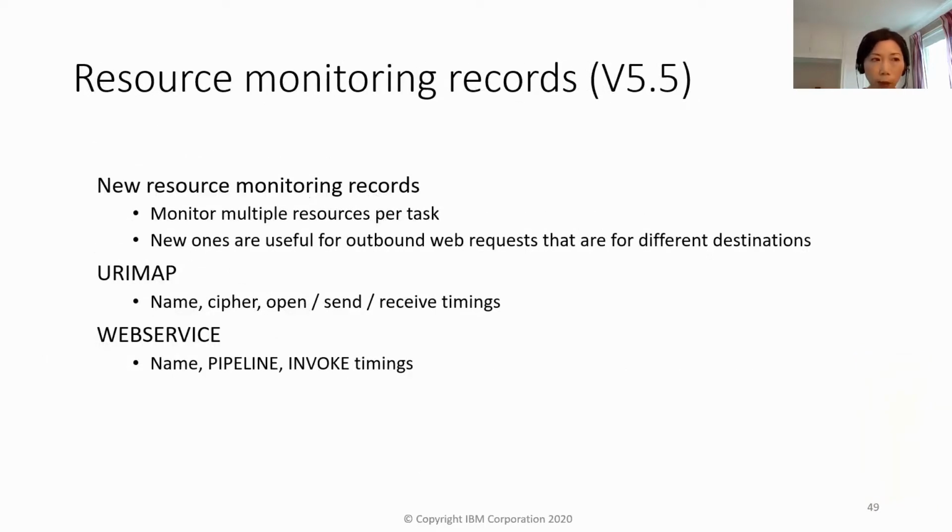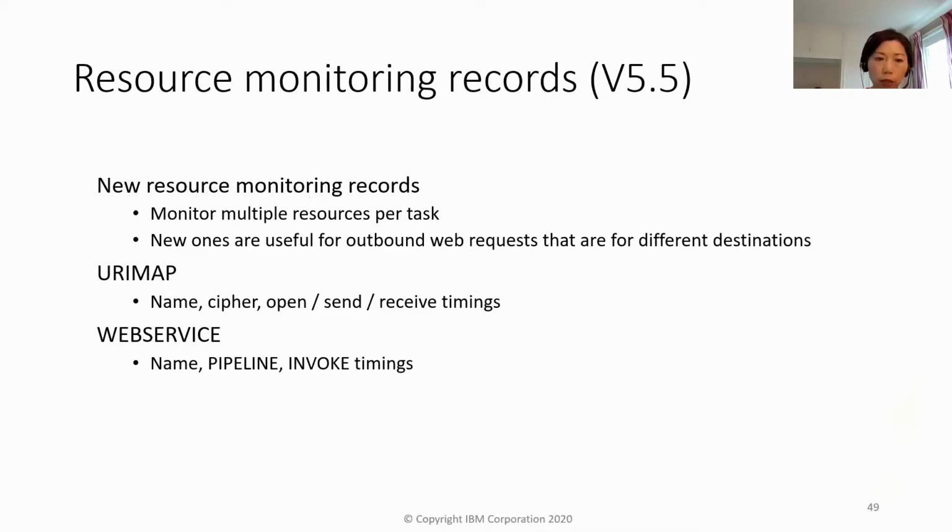For the outbound request, we introduced new resource monitoring records for URI map and web service. The resource monitoring record is really for when one task has multiple outgoing destinations.